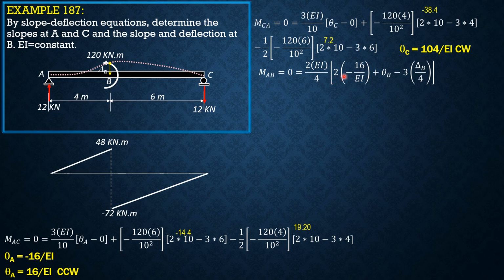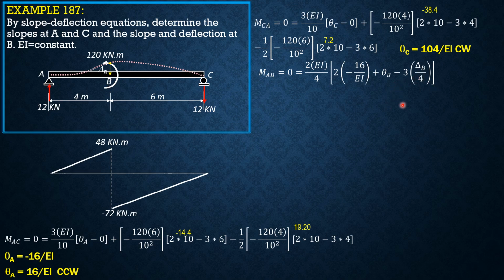Then this is 2 times theta near, which is A, and we already solved theta A, plus theta B, which is unknown, then minus 3 delta B over 4. So the assumption is delta B is here, and the chord and this elastic curve is also below B, so that the chord rotates clockwise and delta B is treated positive.